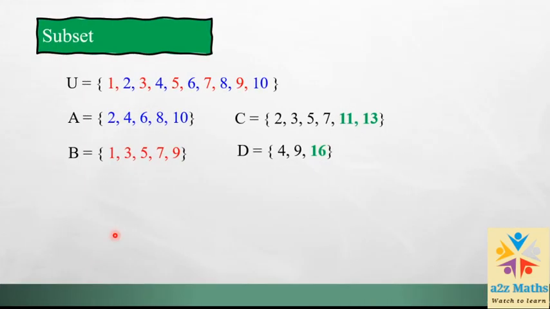Alright, now subset. For example, if I have a set U, numbers from 1 till 10, and set A, first 5 even numbers, B is 1, 3, 5, 7, 9.